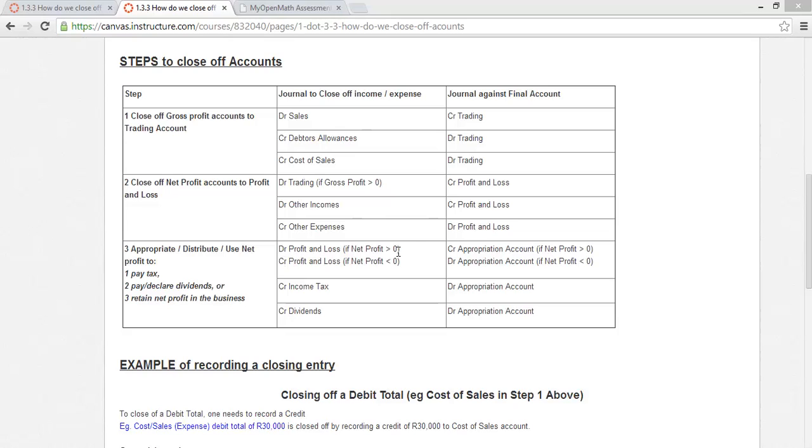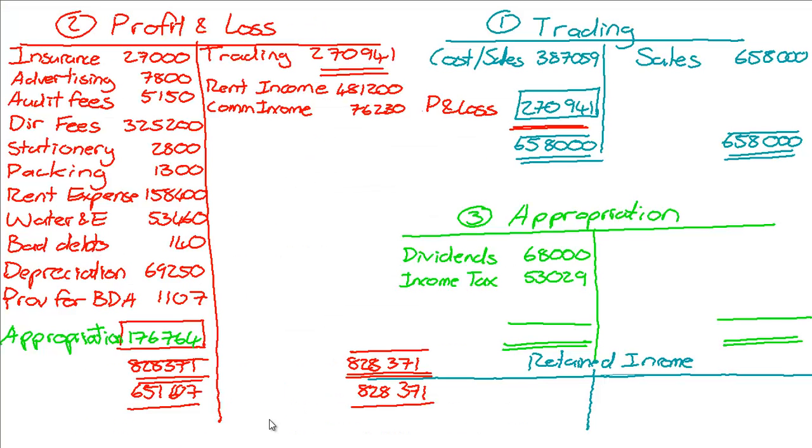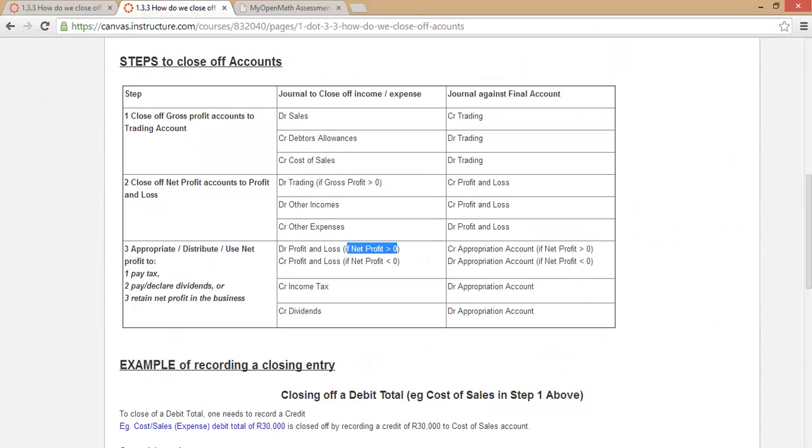If we go back to our notes here, we'll see that if the net profit is greater than 0, in other words my incomes are greater than my expenses, I'm going to have to debit the profit and loss with the balancing figure and credit my appropriation account, and vice versa if the net profit is less than 0.